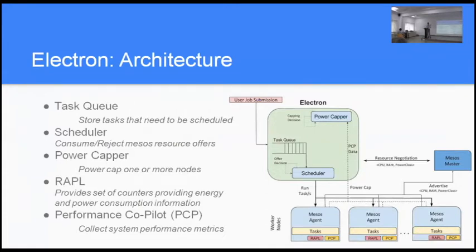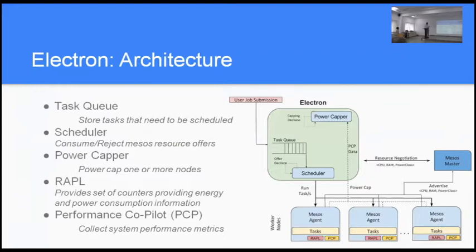What it does is it takes jobs from you and submits them to Apache Mesos. It works with Mesos directly, so if you're happy with it, you can use it. But since we want to do research, especially on how we can work with different scheduling algorithms, different ways in which we can reduce energy but not get hit in terms of makespan or throughput, I just want to give you some flavor of it.